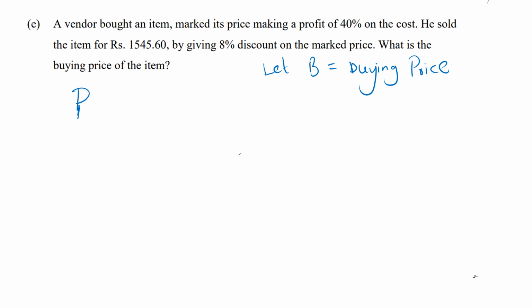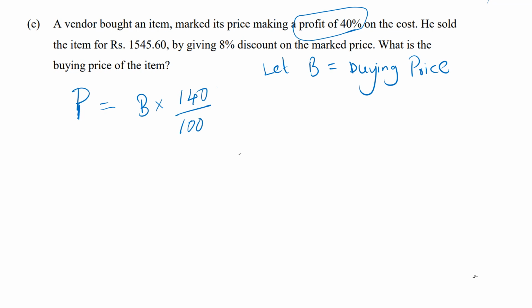So the marked price comes as 140% of the buying price, because he got this item and marked the price with a 40% increase. So B into 140% is equal to the marked price.